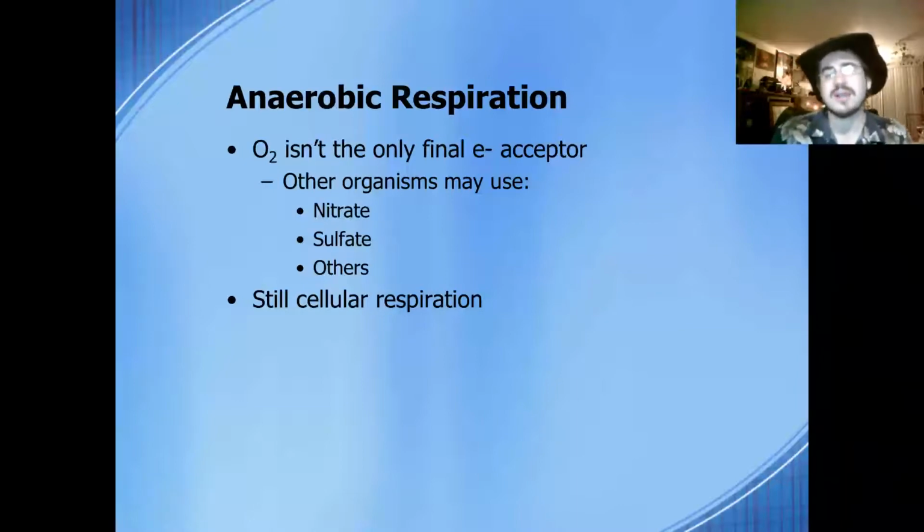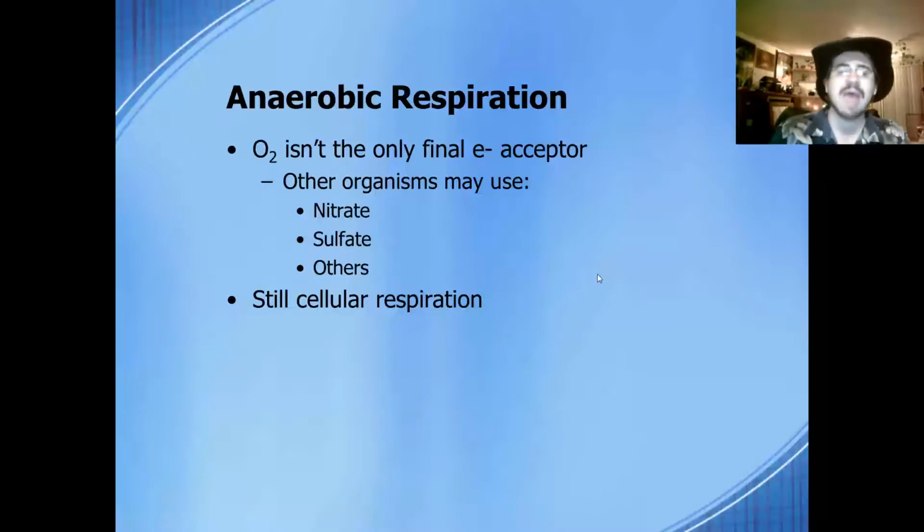We're still taking glucose and breaking it down. However, it won't be able to go through every single step of the Krebs cycle. A couple of those steps in there are oxygen dependent. You don't need to know which ones. Just know that we're not going to be able to go through all the steps of aerobic respiration. So we're not going to get as much NADH in the electron transport chain.